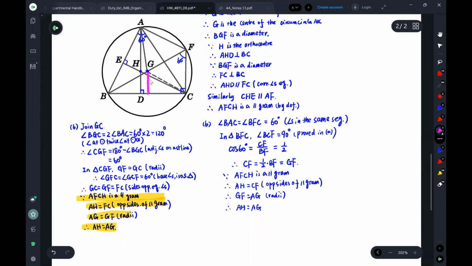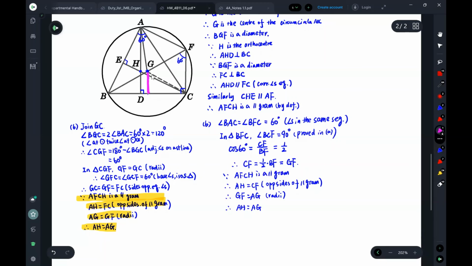The reason is that I think this line will be half of FC, because inside the triangle I am drawing a line that is basically connecting the midpoint to midpoint. So I think this line will equal to half of FC. And I'm trying to prove that this line is also half of the diameter. Now, half of FC means half of AH, right?